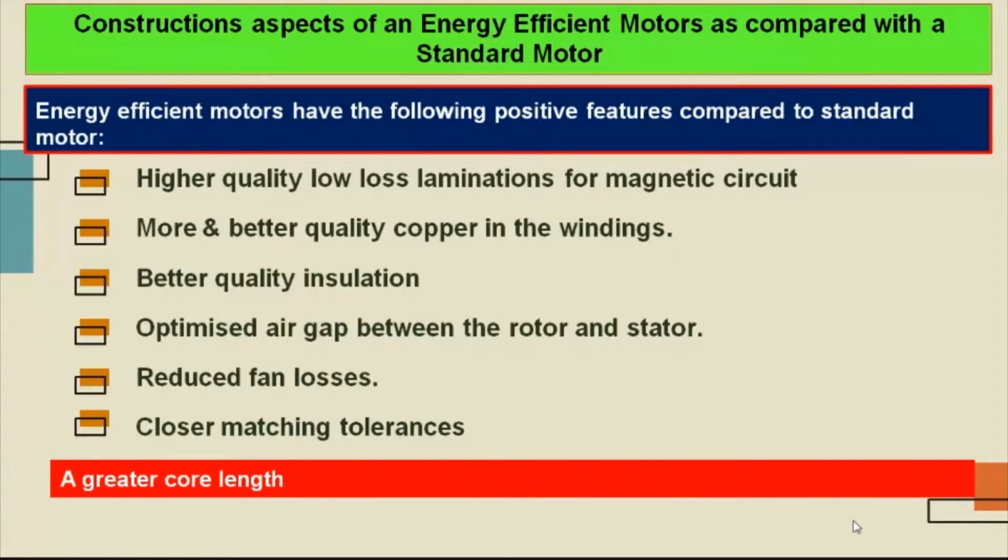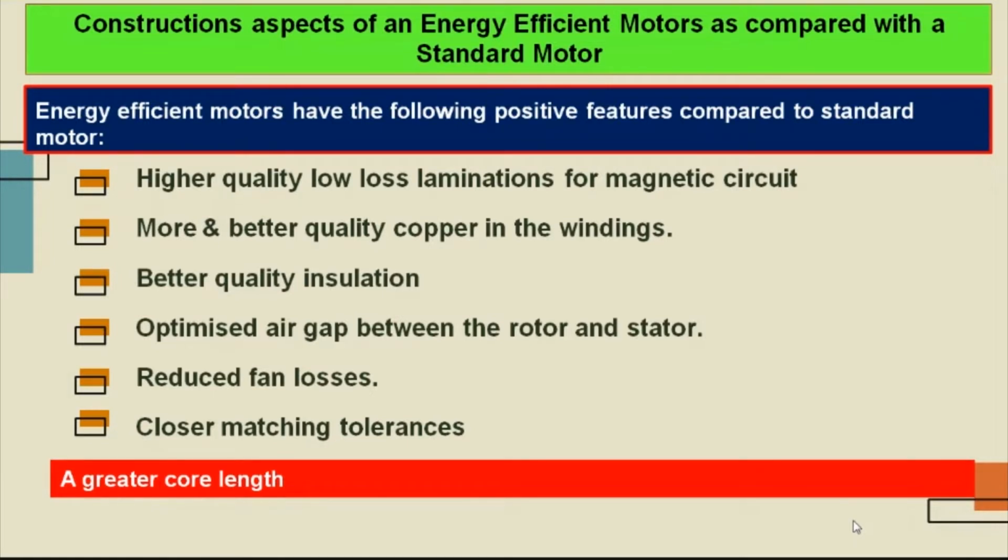Yesterday we have seen how an energy efficient motor is different from the standard motor with respect to the constructional aspects. There are a few positive features when we compare energy efficient motors with the standard motors.